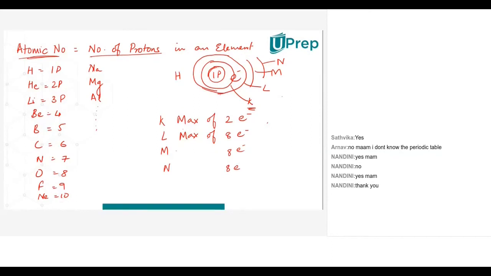So what we'll do is, we'll just assume that, except for the first shell, all the other shells can take 8 electrons, and the moment it exceeds 8 electrons, it moves on to the next shell. Okay, so let's take an example to understand this better.